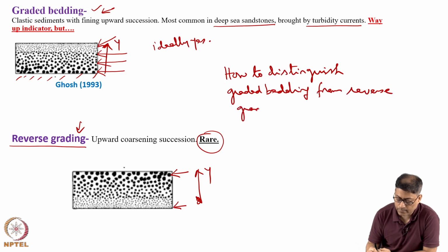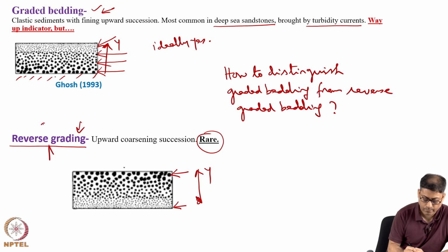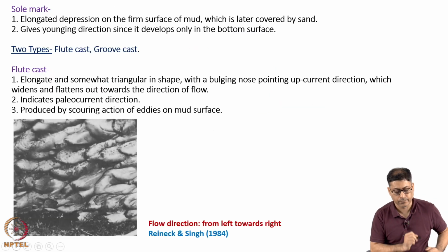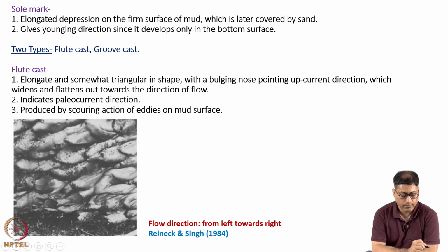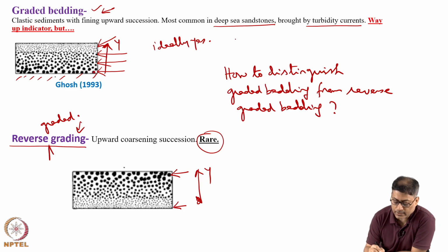Reverse graded bedding. Now, as you see, in case of a graded bedding, sedimentation happens in still water and the bigger grains are deposited first followed by the finer grains, it does not indicate any paleocurrent direction.